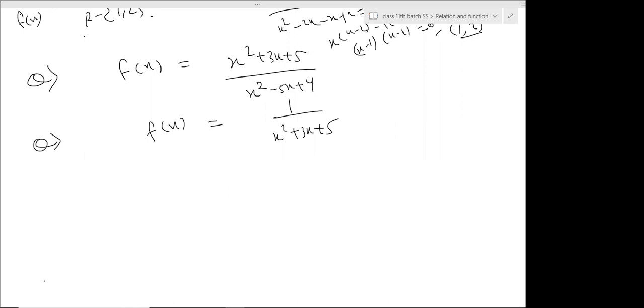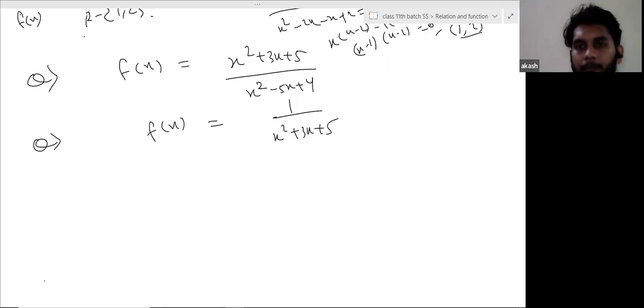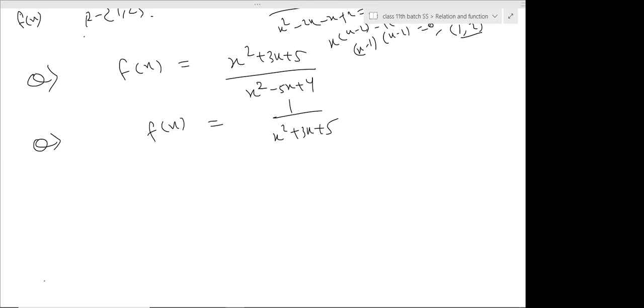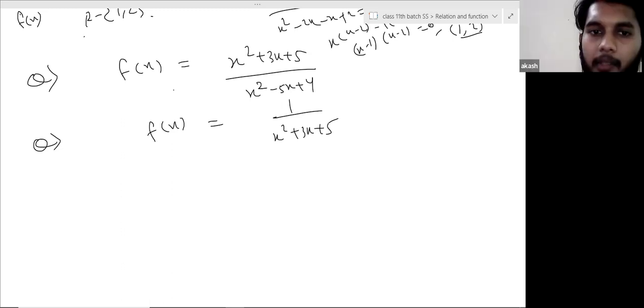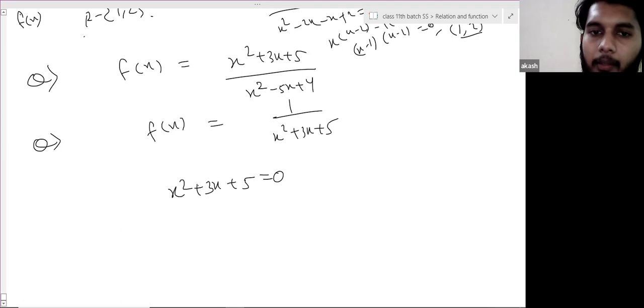Sir, all real numbers. All real numbers. How did you solve this? Sir, the roots would not be real. Sorry, I did not understand that part. Sir, the roots of this equation won't be real. Absolutely right.